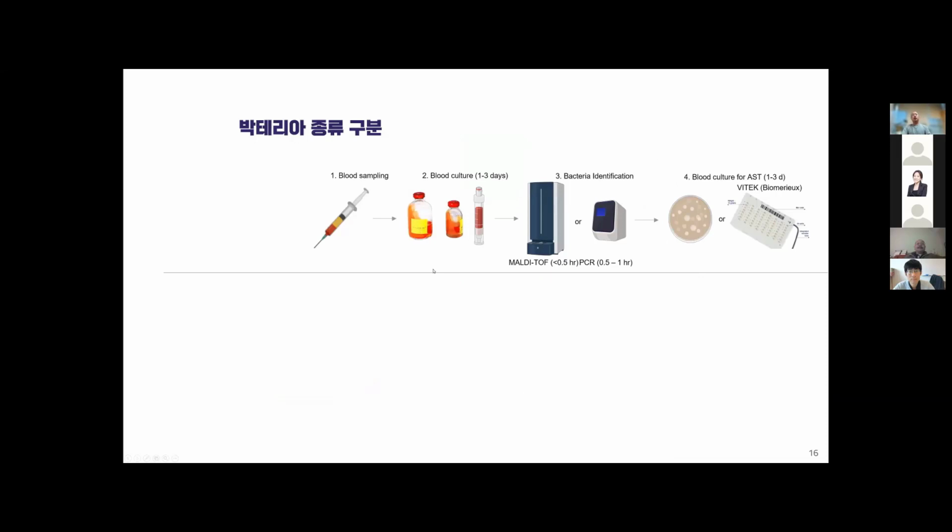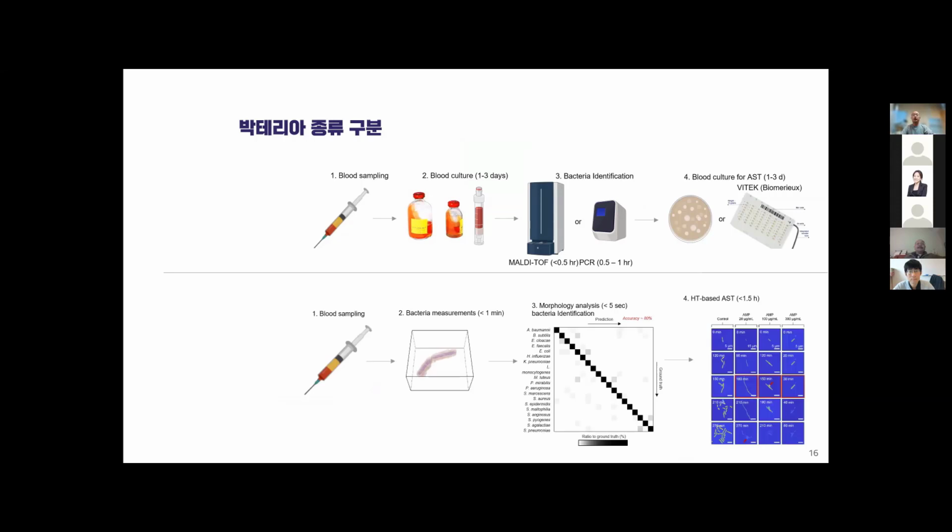The reason we are moving in this direction is that the conventional diagnostic process is very time consuming. After taking a blood sample from a patient, in the conventional method you have to follow a few days of blood culture, including the primary blood culture followed by the subculture. It usually takes 1 to 3 days.